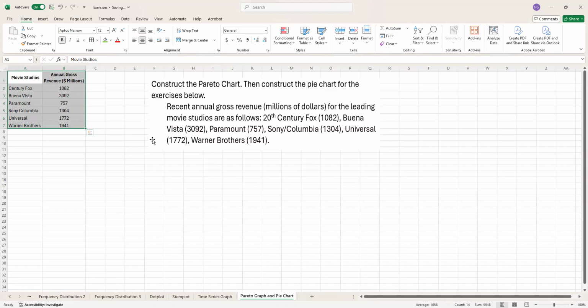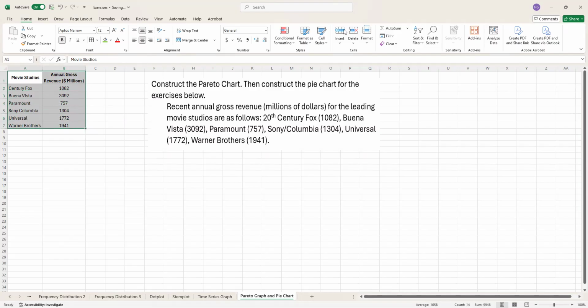We have Century Fox 1082, Buena Vista 3092, Paramount 757, Sony and Columbia 1304, Universal 1772, Warner Brothers 1941. So I select these two columns.